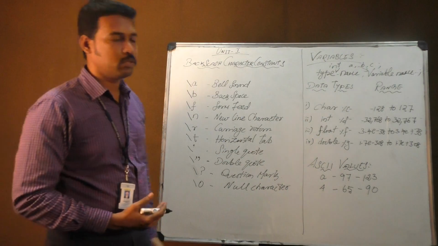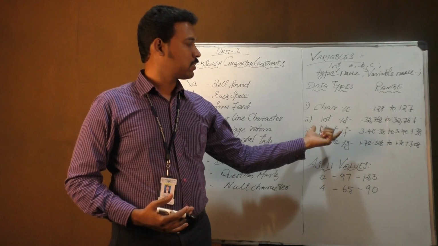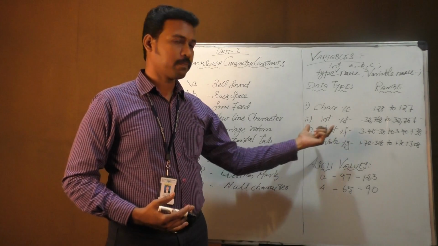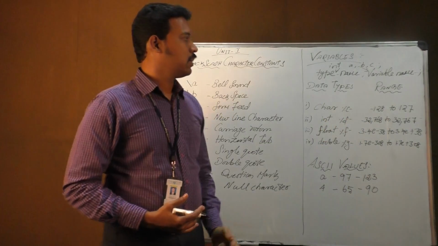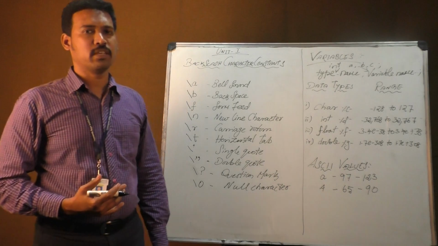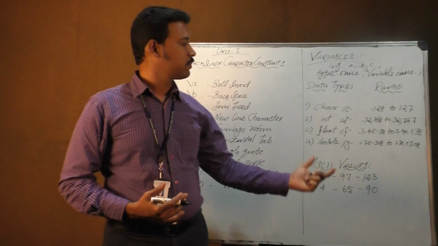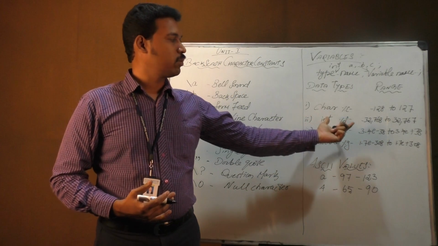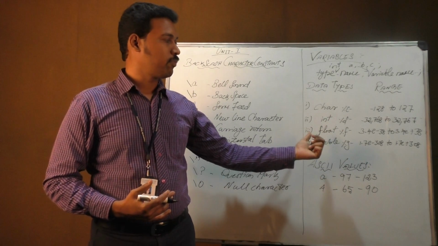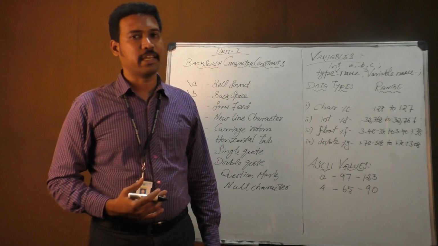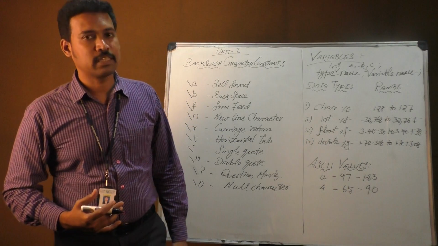The control string used for character is %c, for integer is %d, for float is %f, and for double is %lf. As for the memory range during execution, for character it is -128 to 127, for integer it is -32,768 to 32,767, for float it is 3.4e-38 to 3.4e+38, and for double it is 1.7e-308 to 1.7e+308.